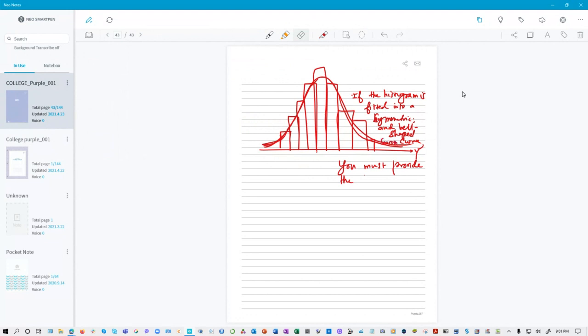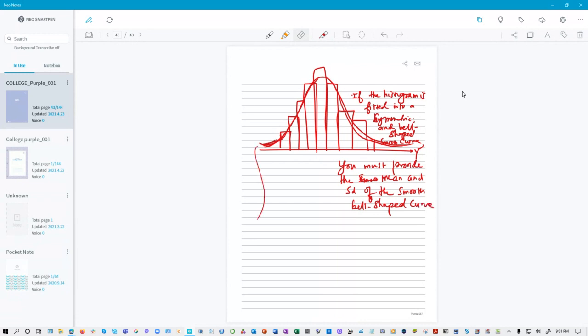Okay, smooth curve. You must provide the mean and standard deviation of the smooth curve. Smooth bell-shaped curve. You have to provide that for sure.